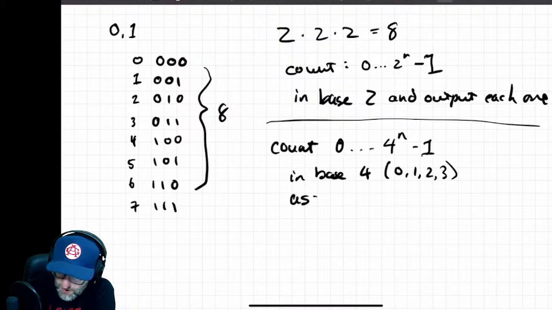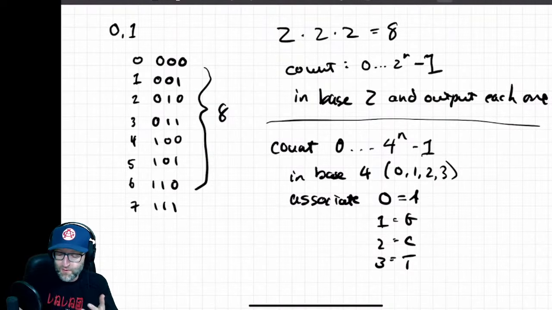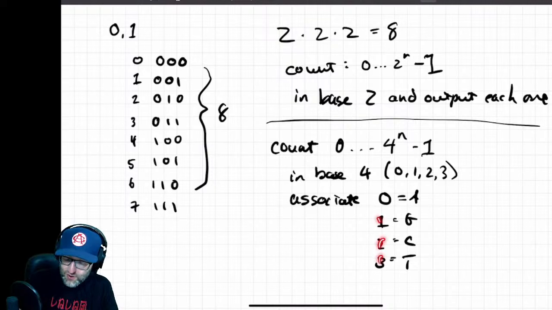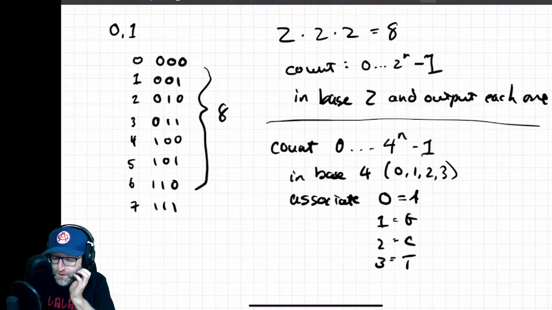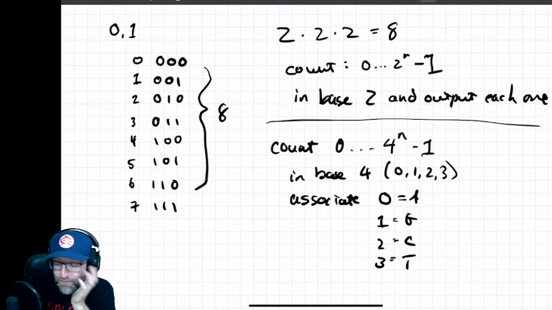Associate 0 with A, and 1, 2, and 3 will be associated with G, C, and T. So if you've got a base 4 string of length 3, using 0, 1, 2, and 3, then you just translate these to A, G, C, T, respectively, output it, and you're done. Now, of course, again, it's exponential. But if you're doing brute force and you're generating all these things anyway, then you've resigned yourself to being exponential.